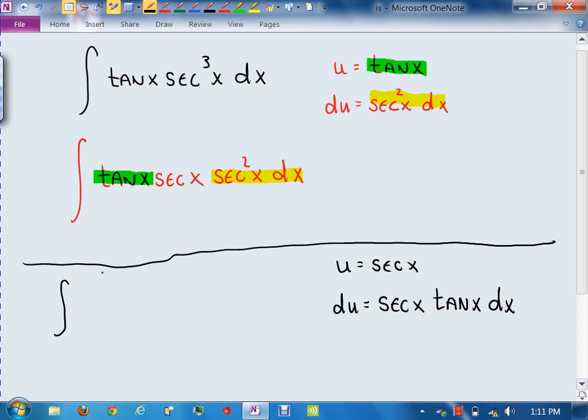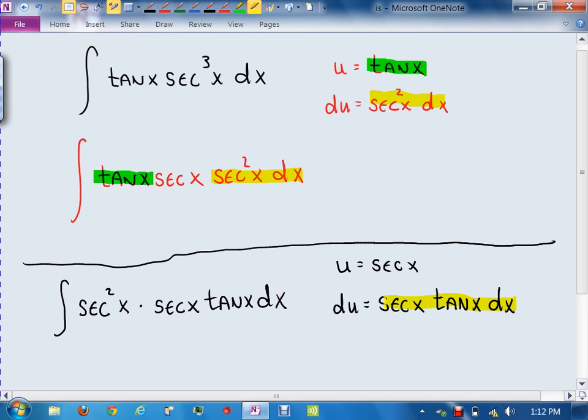I'll have to peel one secant off and make it join up with the tangent, to be my secant tangent. So that'll leave me a secant squared in the front. And then I'll have my secant that I peeled off, and then the tangent that I just moved to the back.